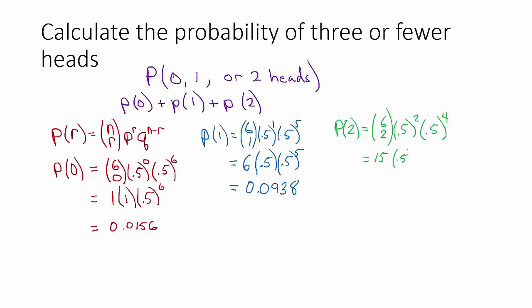Then we have a half to the 2nd and a half to the 4th. The probability for this one ends up being about 23.44%. So when we add all of these together, the probability of getting 3 or fewer heads on 6 coin tosses is going to be about 34.4%.